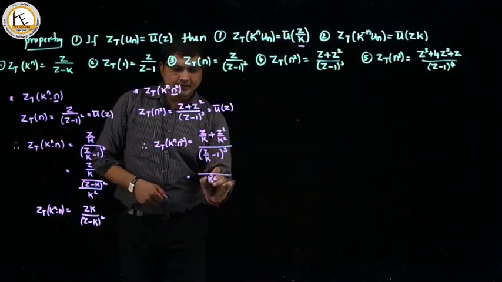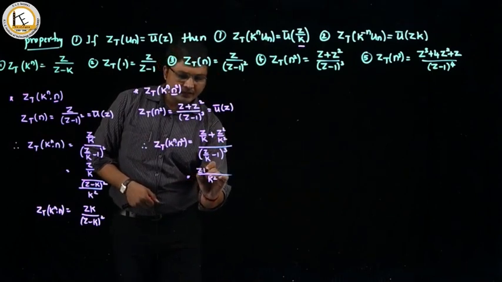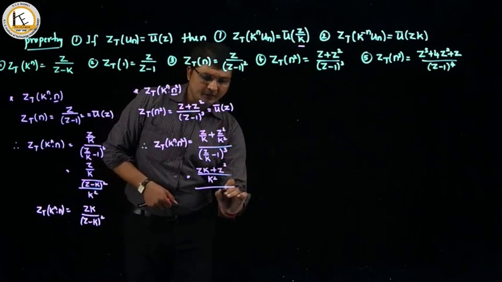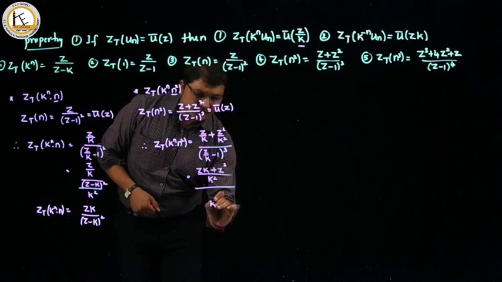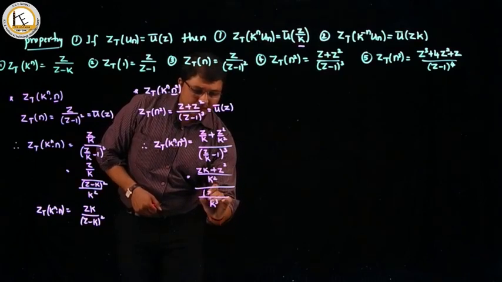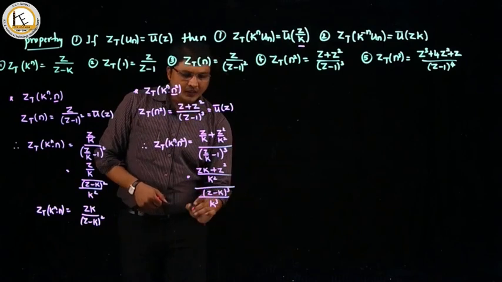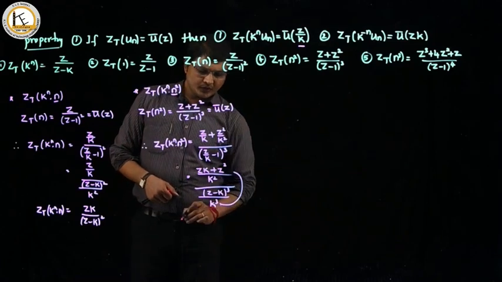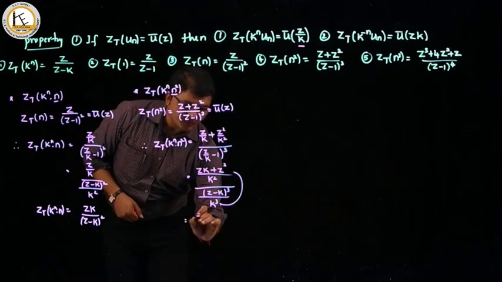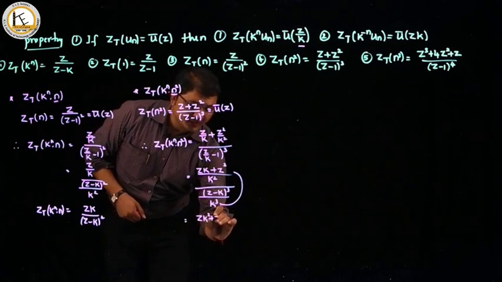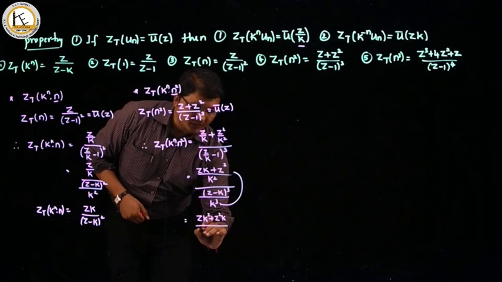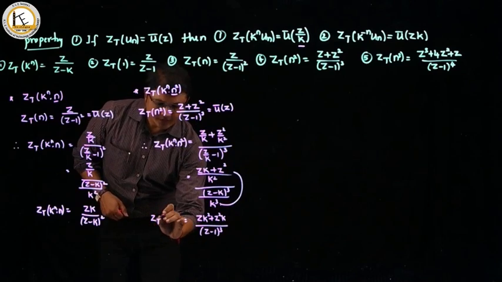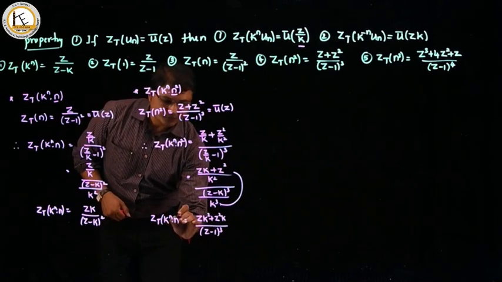So when you take an LCM as k square, it becomes Zk, and this becomes only Z square, whole divided by, taking an LCM in the denominator also, it becomes k cube, and it becomes (Z minus k) the whole cube. Now this k square gets cancelled, one k will remain, that one k will come to the numerator. So it becomes (Z k square plus Z square k) whole divided by (Z minus k) the whole cube. So this is nothing but the Z transform of k raised to n into n square.